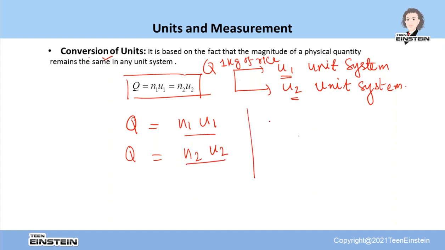So in any unit system, there are three fundamental physical quantities. One is mass, denoted by capital M. Then length, denoted by capital L, and time.